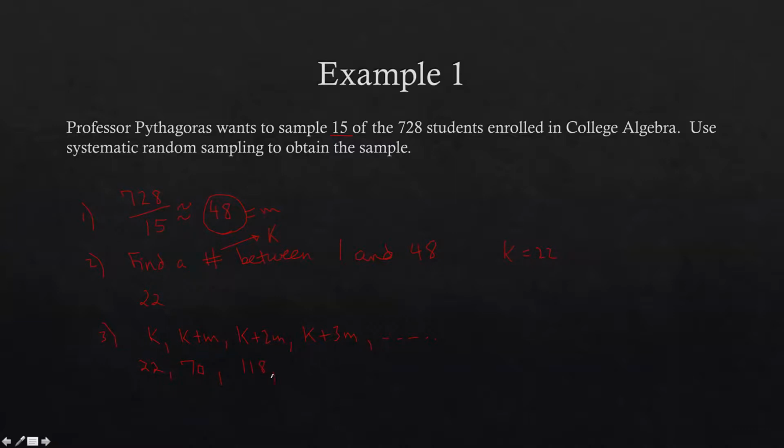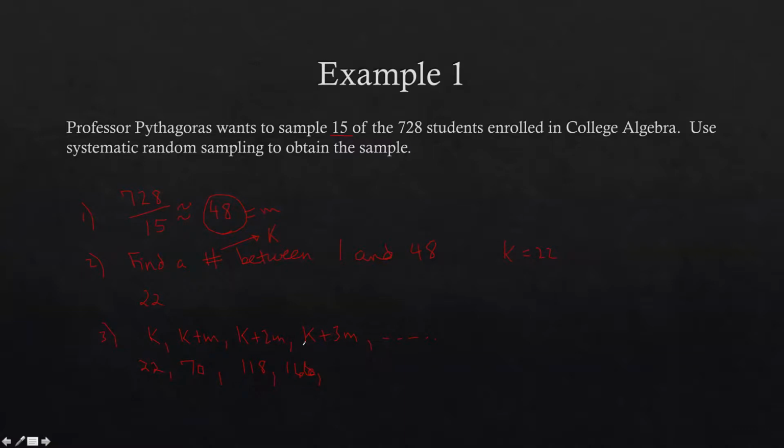3 times m is 144, so 22 plus 144 is 166. What would our next one be? In your mind, go ahead and select the next one. In case you hadn't figured it out, we're just adding 48 each time.